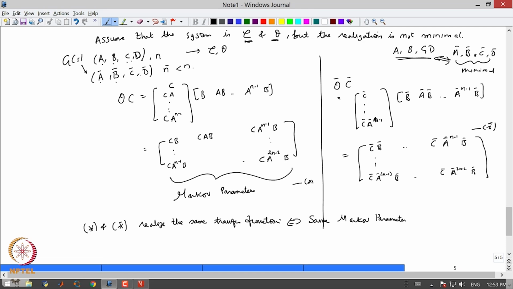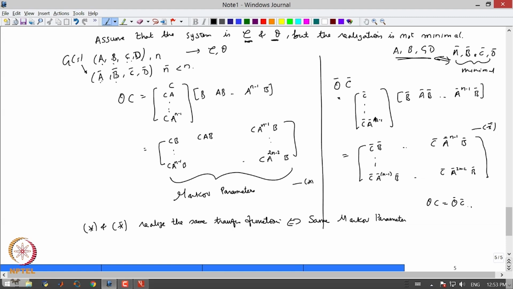These two realizations come from the same transfer function if and only if they are equivalent. That's the result we stated earlier. Now, when they have the same Markov parameters, we have O times C equals O bar times C bar.